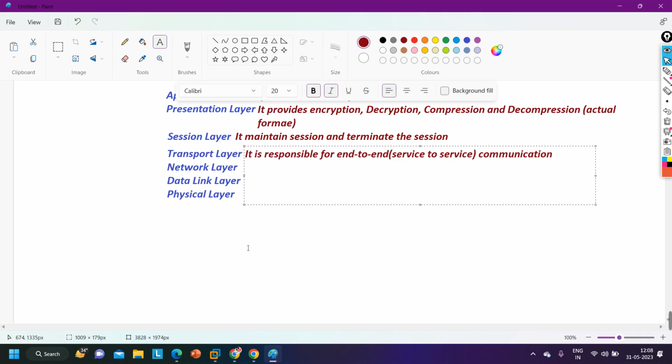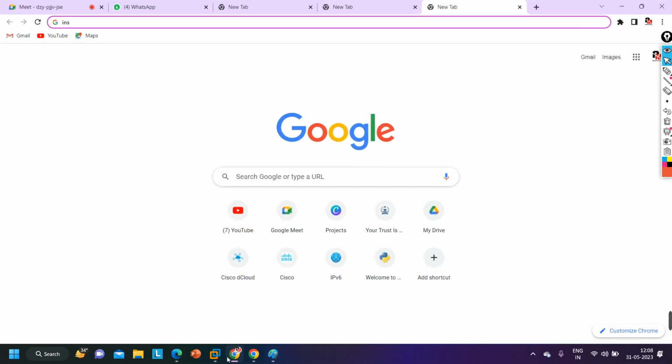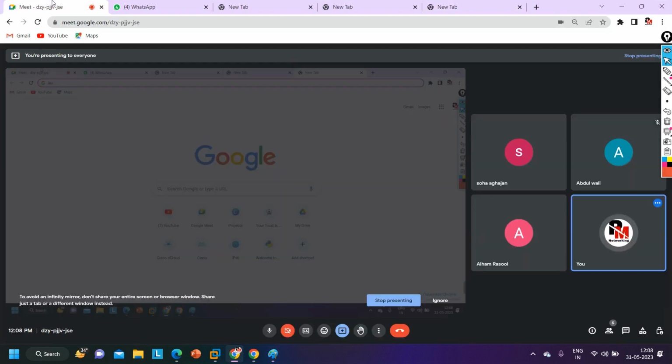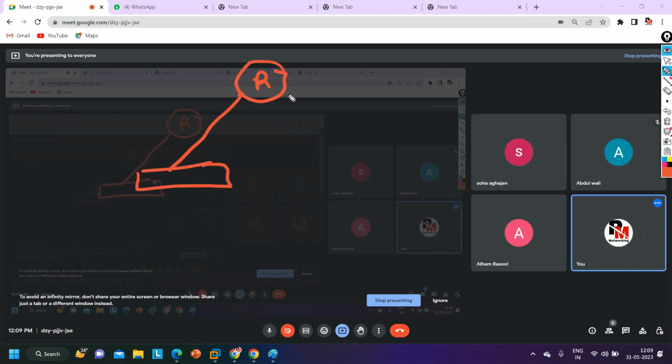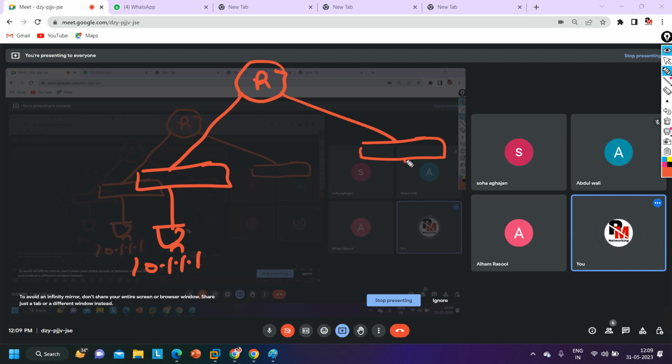See, through IP address, let's say I am designing one network over here. This one is my router 1. This router is connected with one switch, and also with another switch. Here I have one computer whose IP address is 10.1.1.1.